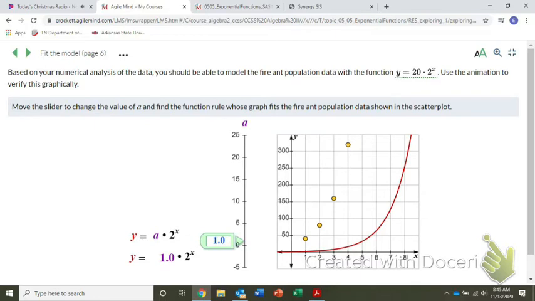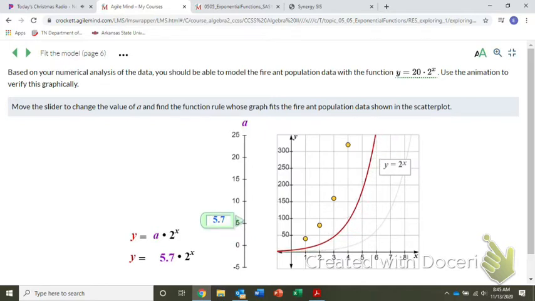If I take my a value and I make it more positive, greater than 1, what do you notice about the graph? It's becoming more what? More steep. If I go less than 1, it gets more flat.